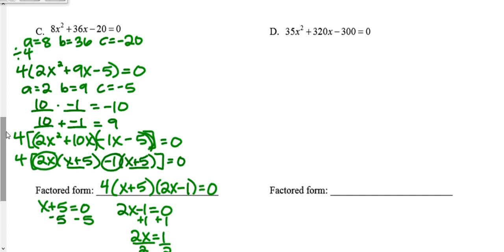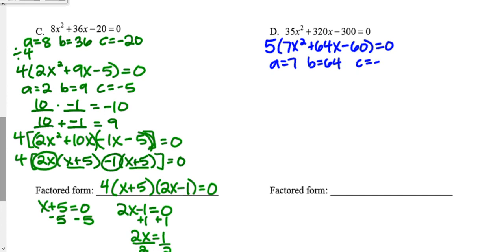So we would have a 5 on the outside, 7x squared plus 64x, and that would be minus 60. So your new A, B, and C: A is 7, B is 64, and C is -60.